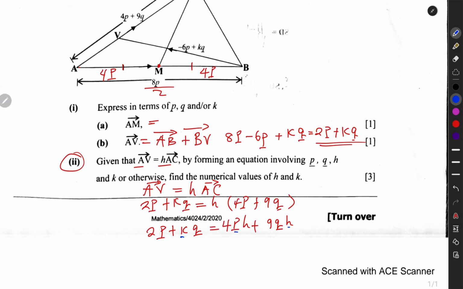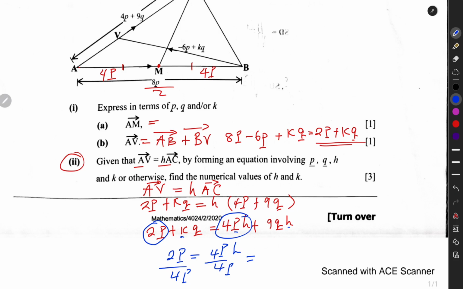Now what are we going to do? Since this part is equal to that part, we get the part that has P in it and equate it to the part that has P here. So we say 2P equals 4PH. We want to find the value of H here, so we divide both sides by 4P.